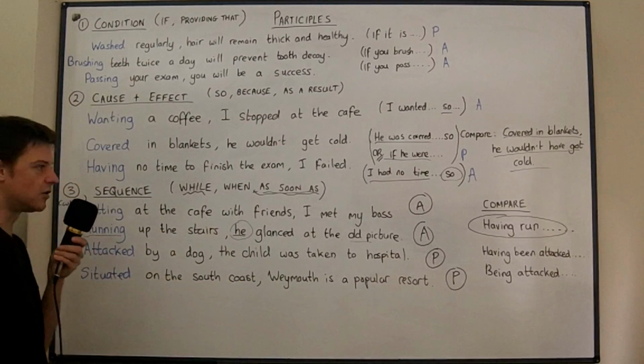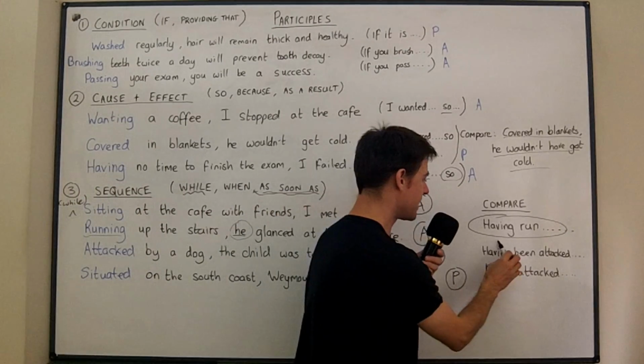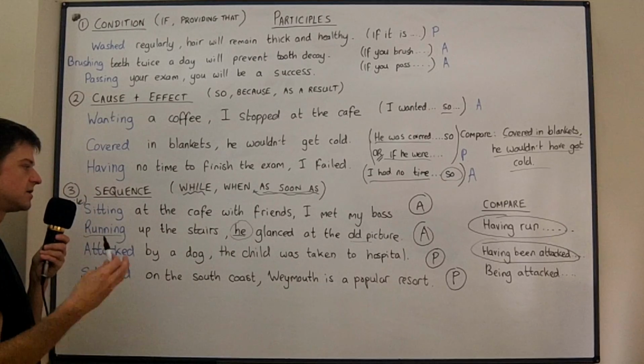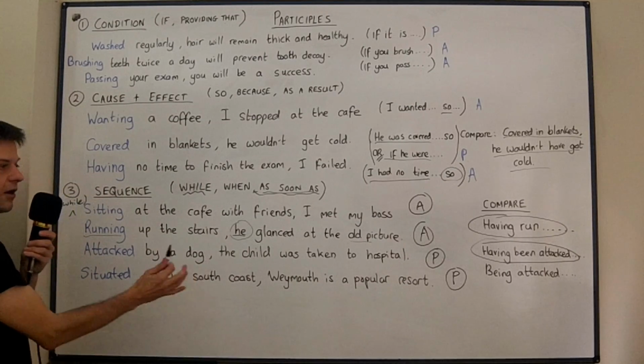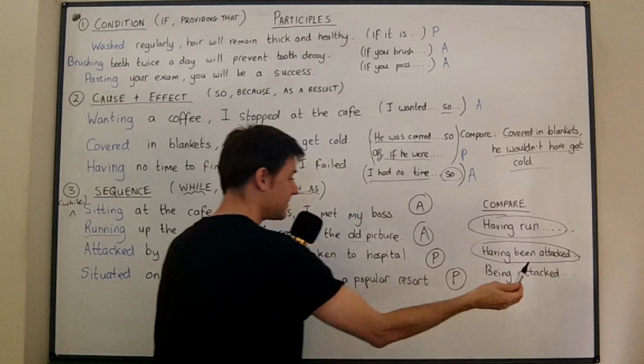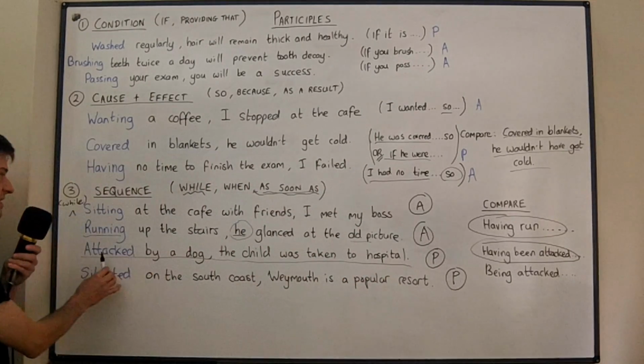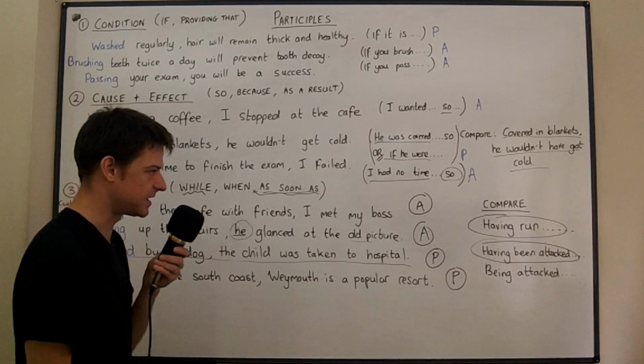For the attacked by a dog, we could use a passive perfect gerund. Having been attacked by a dog, the child was taken to hospital. And I actually think that sounds nicer, but I mean, you'll often see this, especially in newspapers. You'll often see these participles in newspaper speech.